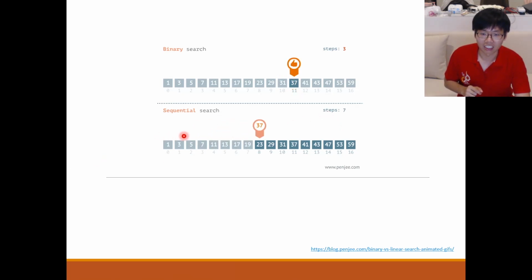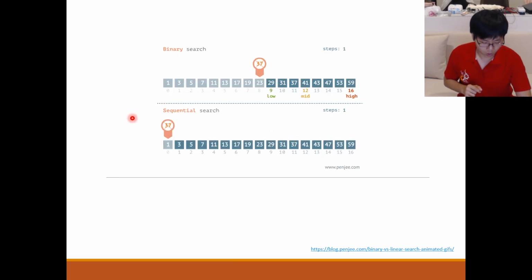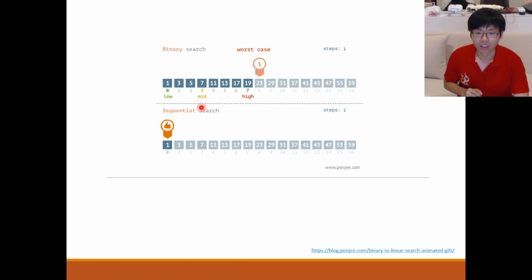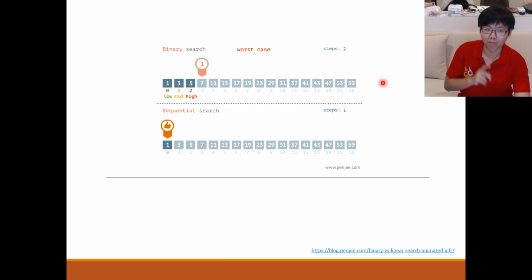Simply speaking, the data we're looking for is the first data in the array. You search only one time, and you found it. However, for binary search, you need to cut the data down in half, and another half, and another half, until you reach the first data or the last data of the data structure. That's going to be the worst case scenario.